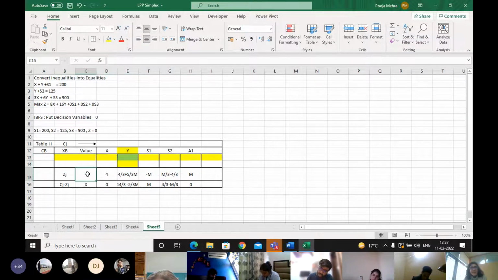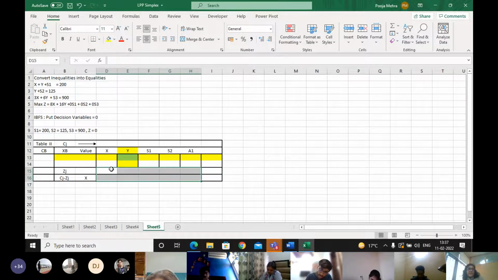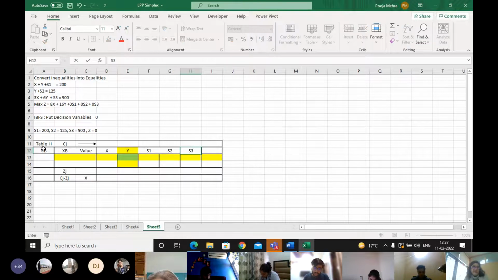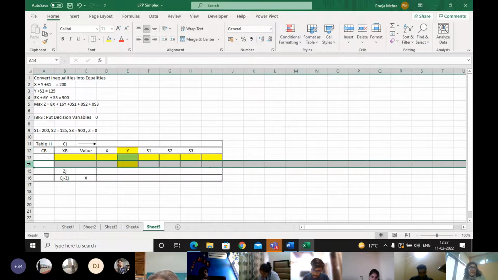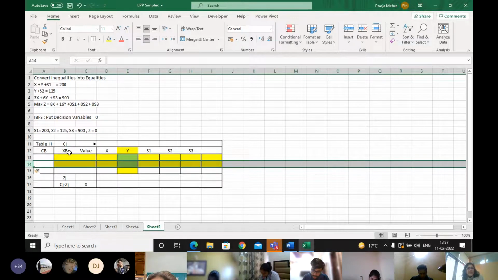Please put the values in the first table. What do we put in the Cj?